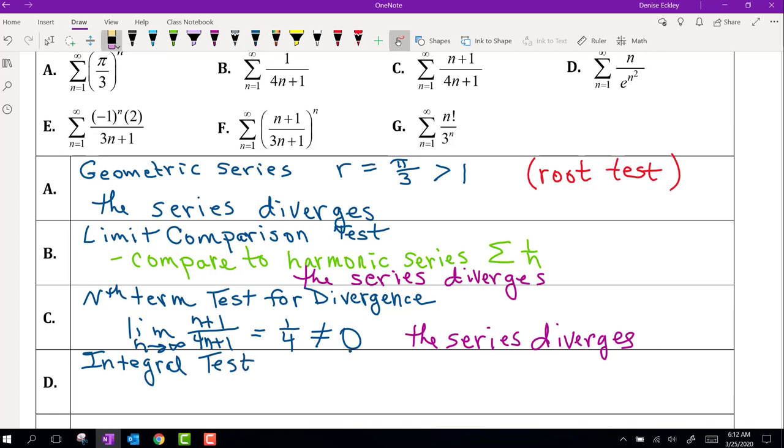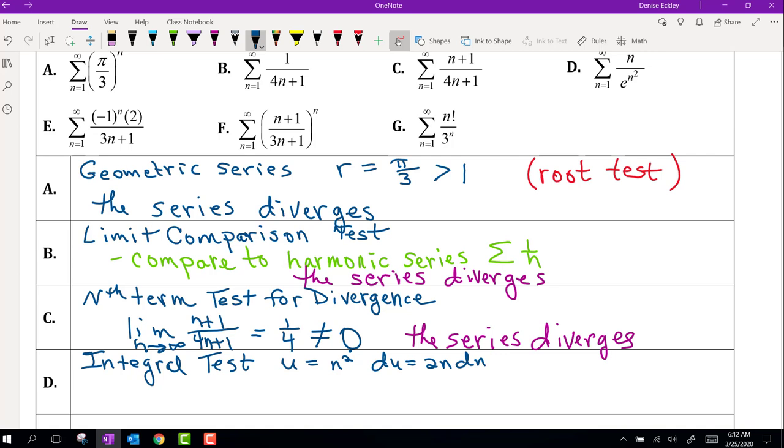So I can let u equal n squared, and then du equals 2n dn, and do a u substitution and integrate this.